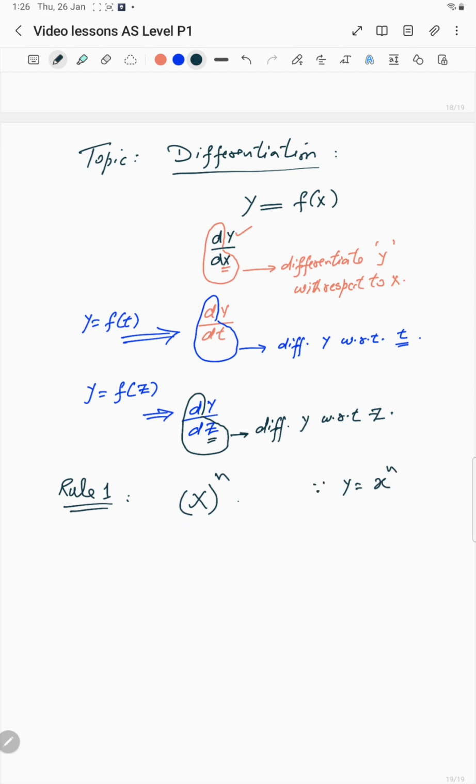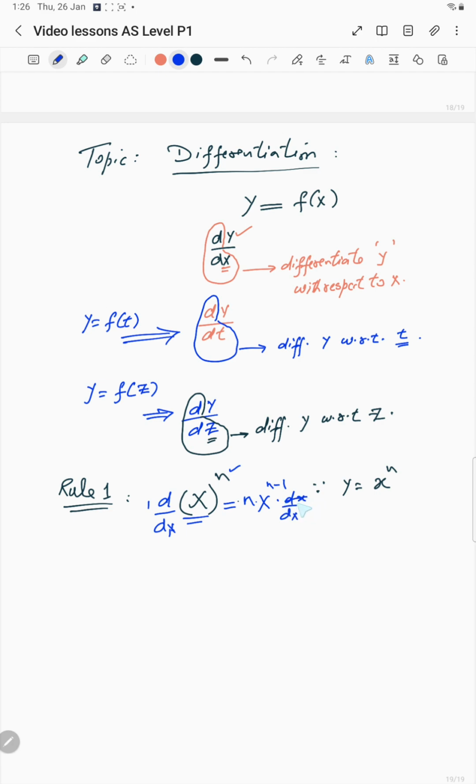So if you want to differentiate this function with respect to x, you need to write d by dx of the function, and you need to multiply the power with the coefficient, whatever be the coefficient of the function, multiply the power with it, it becomes n. Make one less from the power, always we make one less from the power, and third, differentiate the variable whose power was, it was x.